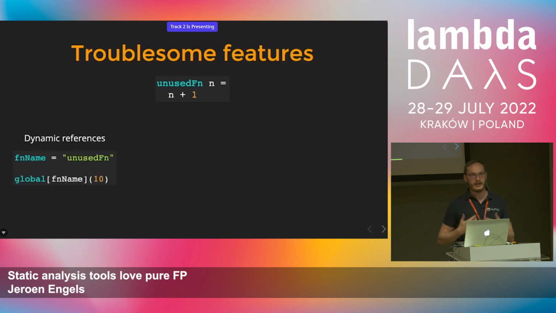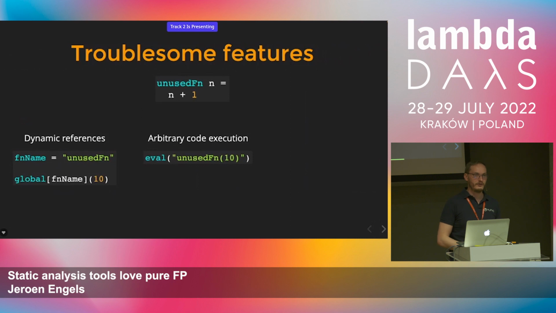But if you have in your language a way to dynamically reference that function, then potentially you now broke the code. So you will either not report this function as unused, or you will report it, but with a potential for a false positive, meaning you will see a disable comment appearing next to it quite soon.